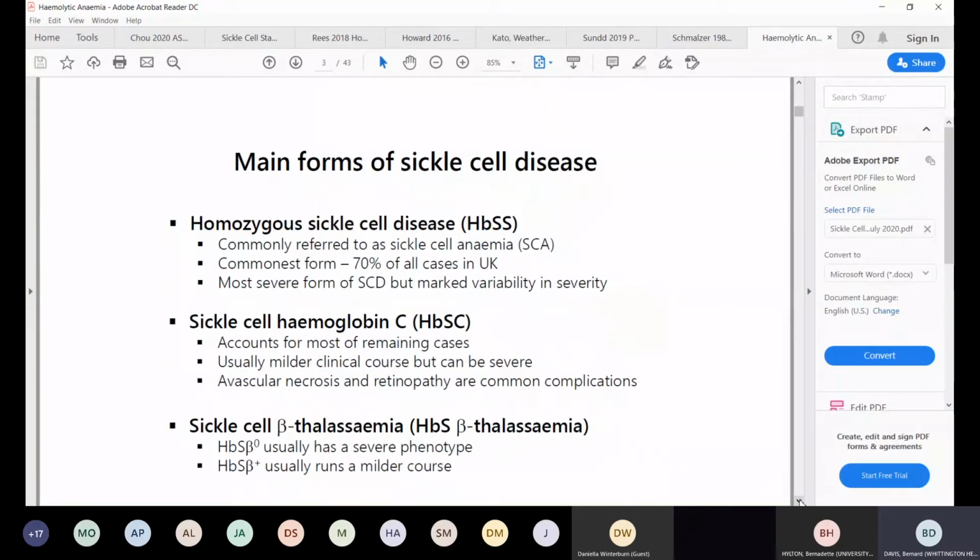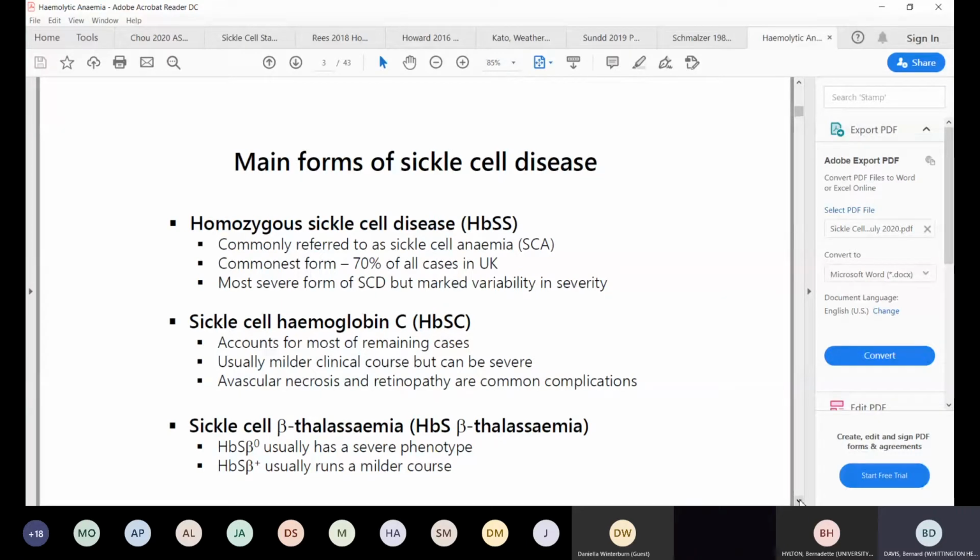Now, of course, there are many different types of sickle cell disease. As I said, it's a group of disorders, and basically it's when sickle hemoglobin interacts with itself or another abnormal hemoglobin or a thalassemia trait. But the three main forms that you're likely to come across in your day-to-day practice are what I've shown there.